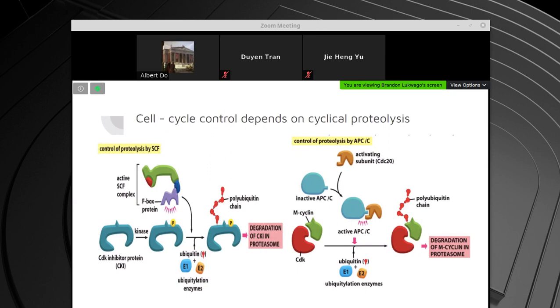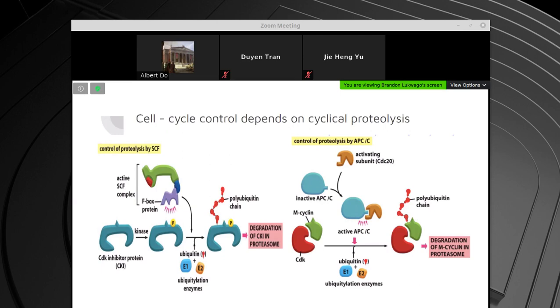This subunit recognizes specific amino acid sequences on the M cyclin, and with the help of those two enzymes right here, the APC transfers multiple ubiquitin molecules to the targeted protein. Then the polyubiquitin target recognizes and aggregates the proteasome.